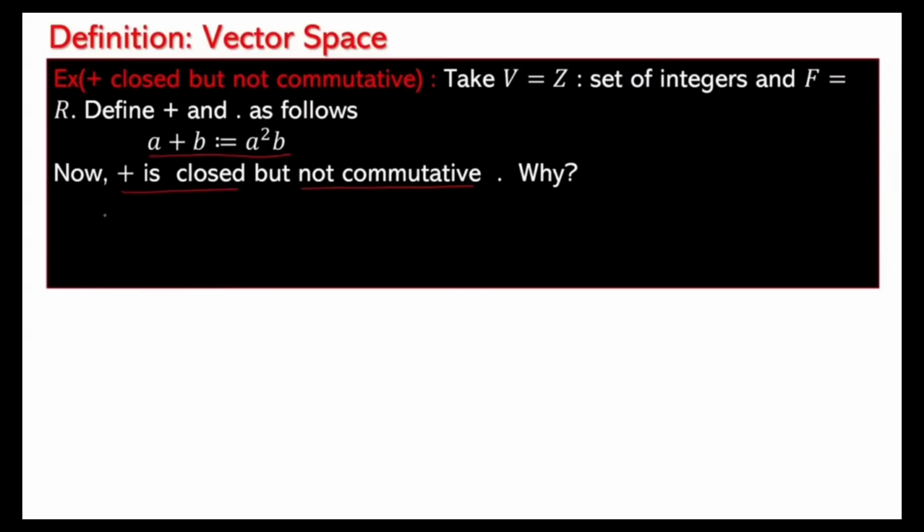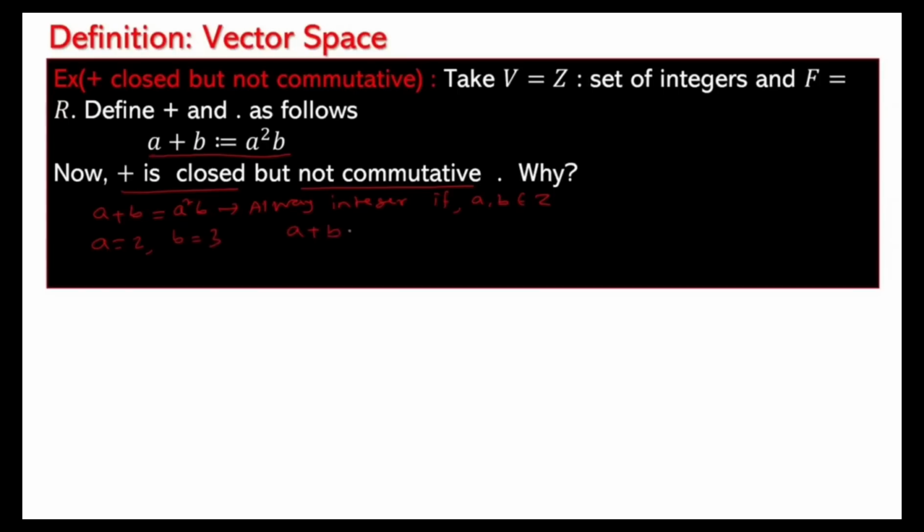Let's say A plus B is equal to A squared B, which is always an integer if A, B belong to Z. Now they are not commutative because let's take A equal to 2 and B equal to 3.